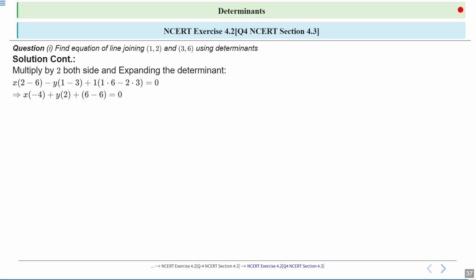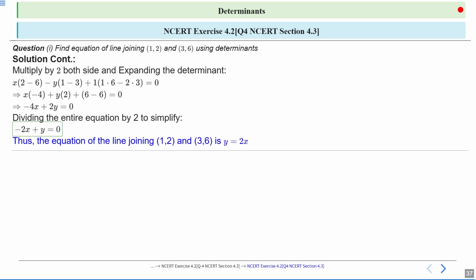That is x into minus 4 plus y into 2 plus 0 is equal to 0, that is minus 4x plus 2y is equal to 0. Dividing the entire equation by 2 to simplify, we get minus 2x plus y is equal to 0. Thus the equation of the line joining (1, 2) and (3, 6) is y is equal to 2x.